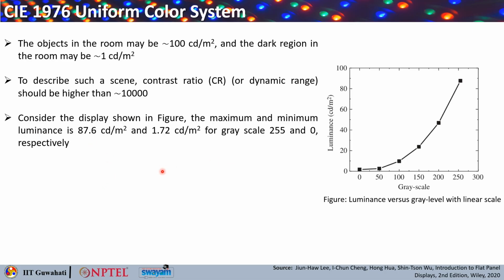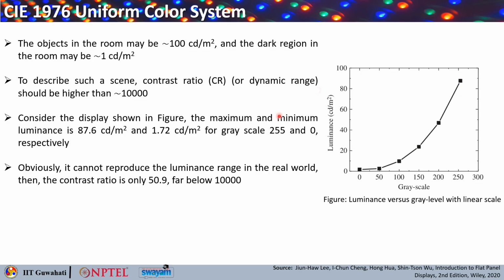So consider the display that is basically shown in the figure. So this is the one we considered, the luminance versus the grayscale in a linear scale. Okay. So here the maximum and the minimum luminance value, as you can see, the minimum one is around 1.72 candela per meter square, that is for 0 grayscale level, and this is typically 87.6 candela per meter square for 255 grayscale level, right.